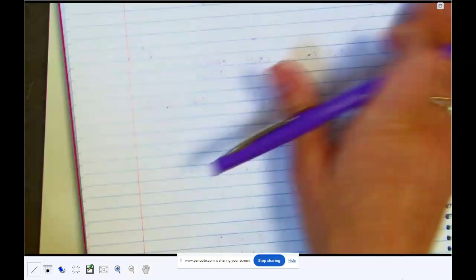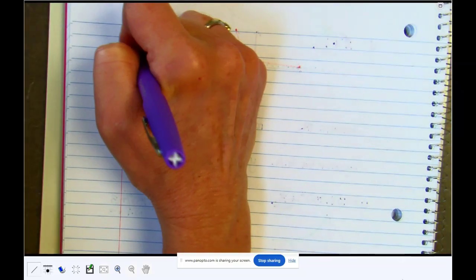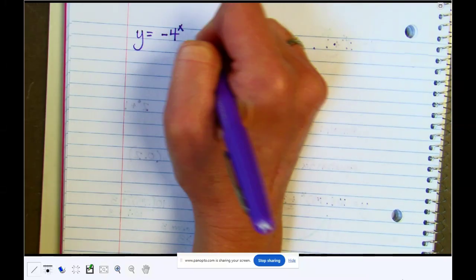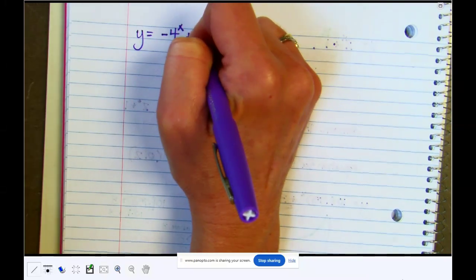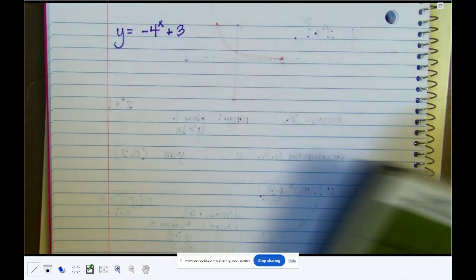Okay, now 2 more. Let's go y equals -4 to the x plus 3. -4 to the x plus 3.